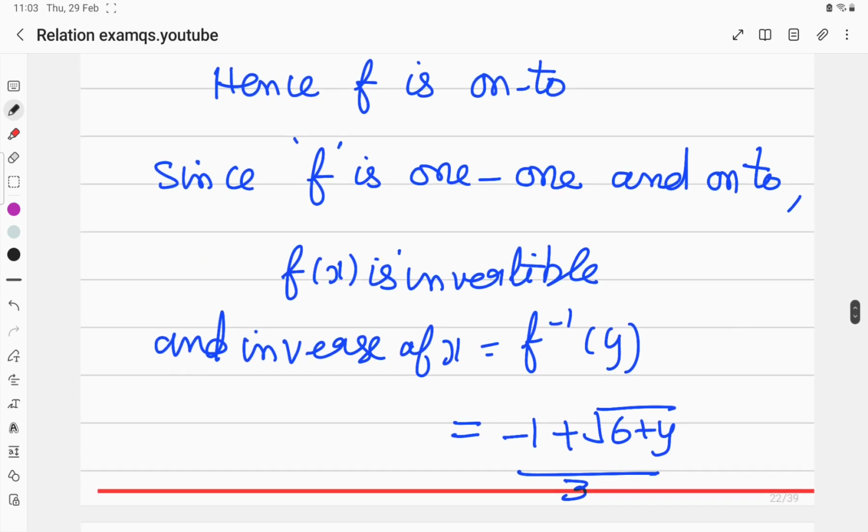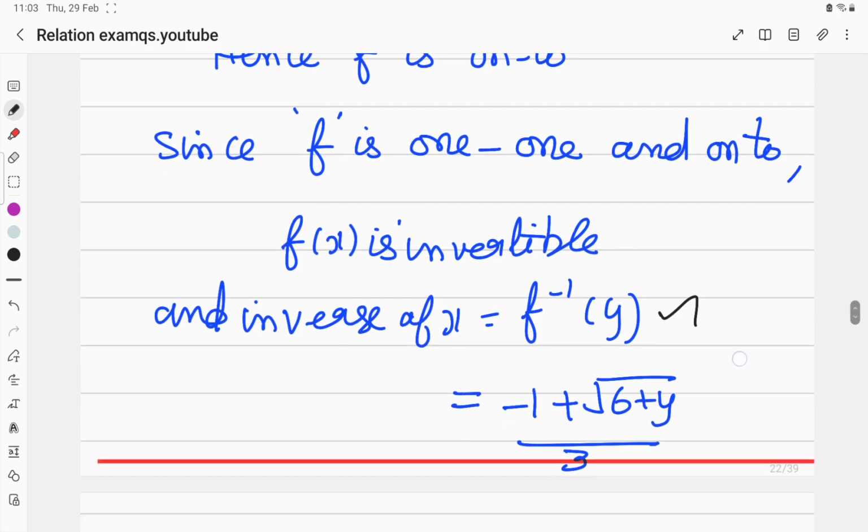And the inverse, this is important, note this: f inverse of y is equal to minus 1 plus root of 6 plus y by 3.